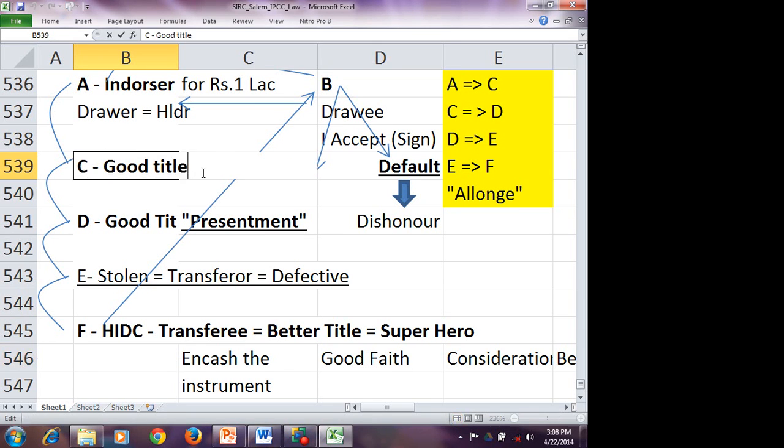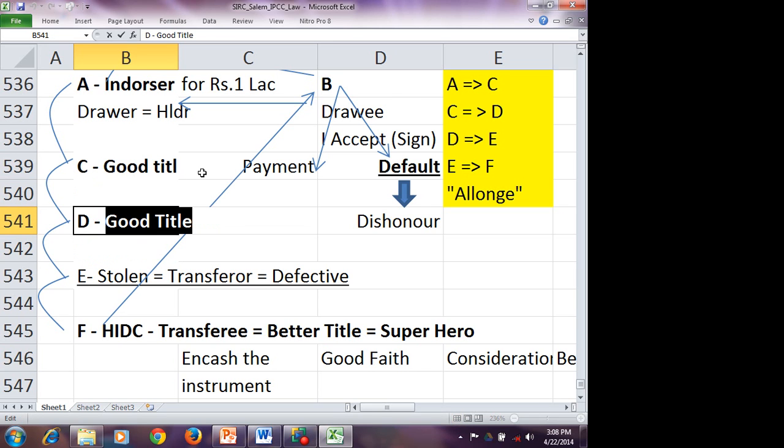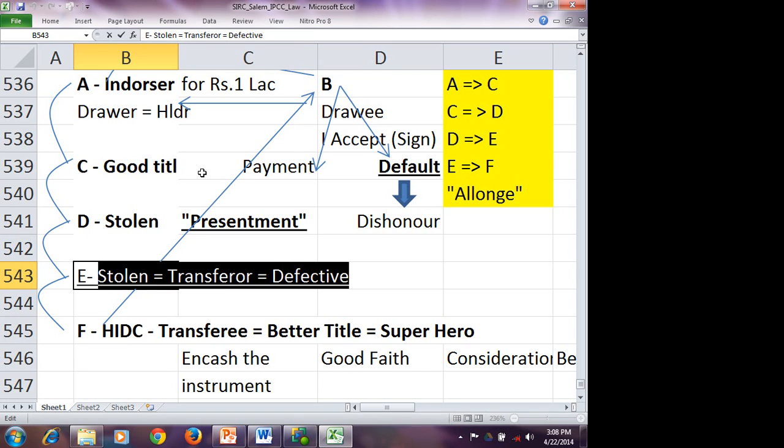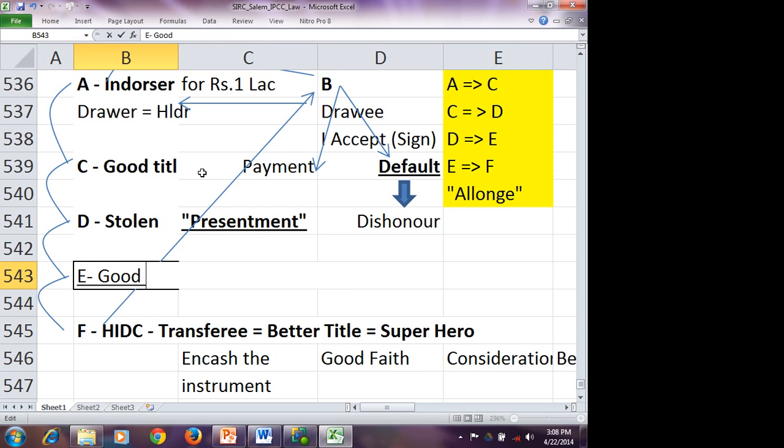Let's assume that D has stolen the instrument. Then D transfers the instrument to E. He gets a good title. Let's say he is also a holder in due course because he gets the instrument in good faith for a valuable consideration before maturity.